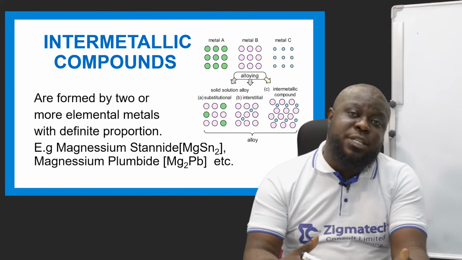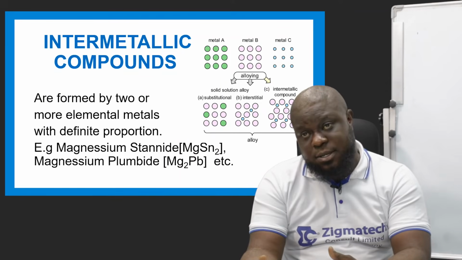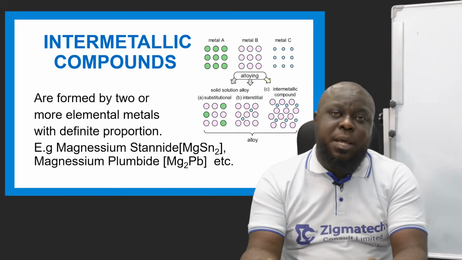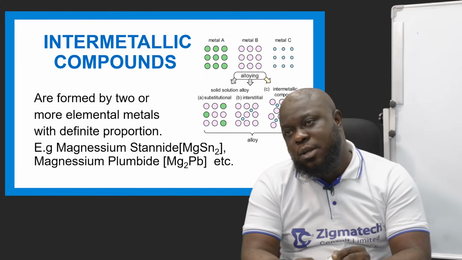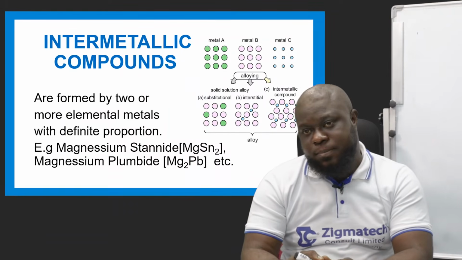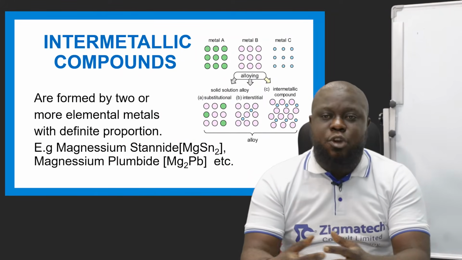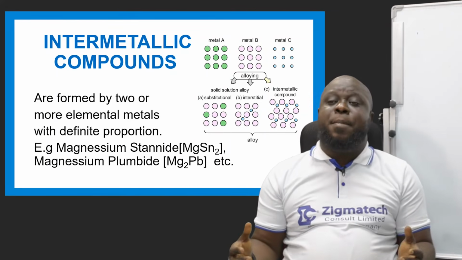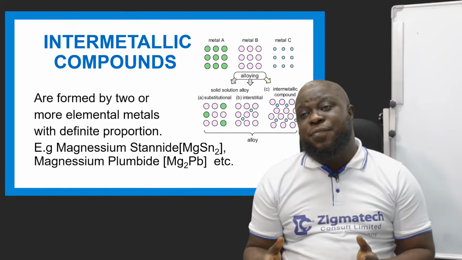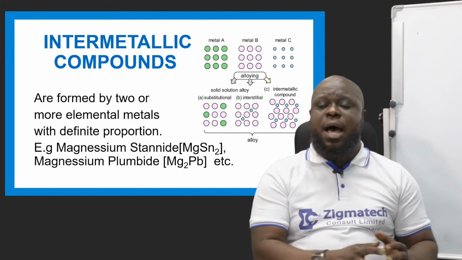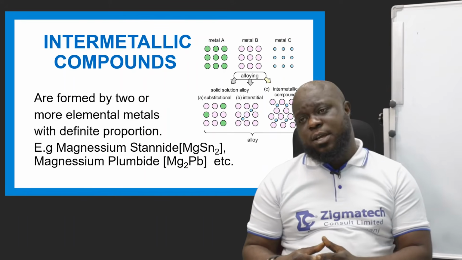Remember we talked about using steel and dipping it inside zinc. It formed an intermetallic compound, and that intermetallic compound was used as an alloy. Remember when you use magnesium to increase the strength of aluminum. These two things come together in definite proportion, bringing together different proportions of, let's say, steel and zinc.